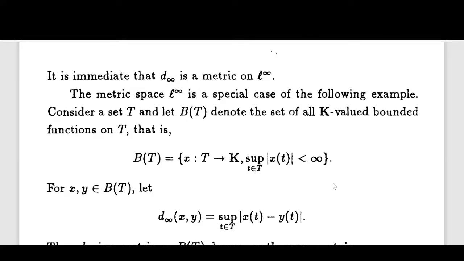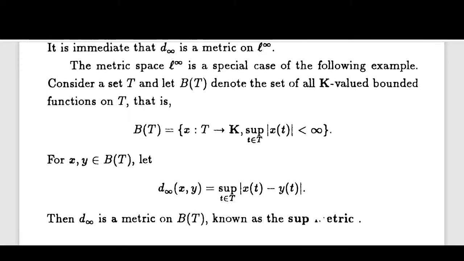If we take x and y from B(T) and define d_∞(x, y) as the supremum over t belonging to T of |x(t) − y(t)|, then we can easily show that this d_∞ is a metric on B(T). This metric is known as the supremum metric.